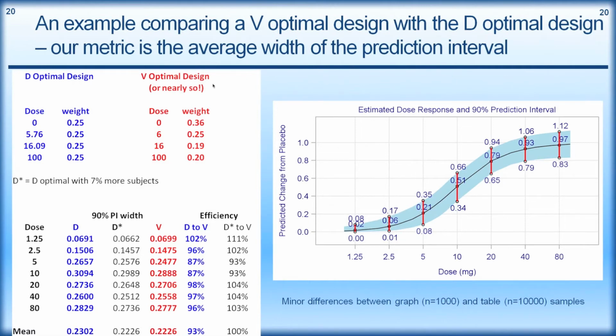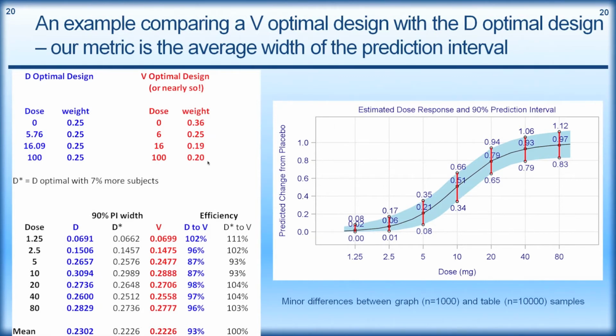When we look at the V-optimal design, which has been searched for to find a design that makes these intervals smaller, it tended to put more weight on placebo. We had 6, 16 and 100, so we just looked at some discrete values for the different doses, and we see that it came up with this type of weighting.